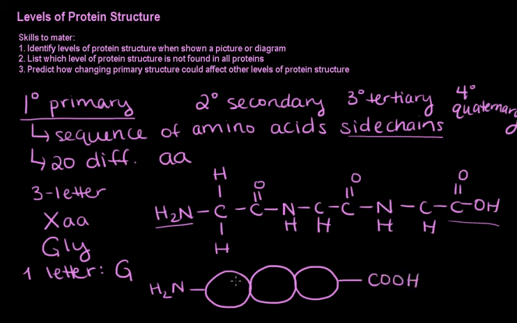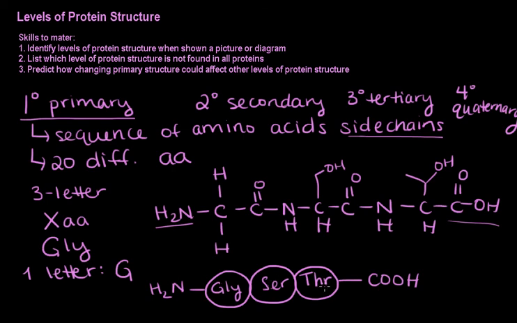Then you could put the symbols in, generally the 3-letter symbols. Let's do glycine, serine, and how about threonine, THR. So this protein could be abbreviated GLY, SER, THR, just as text.